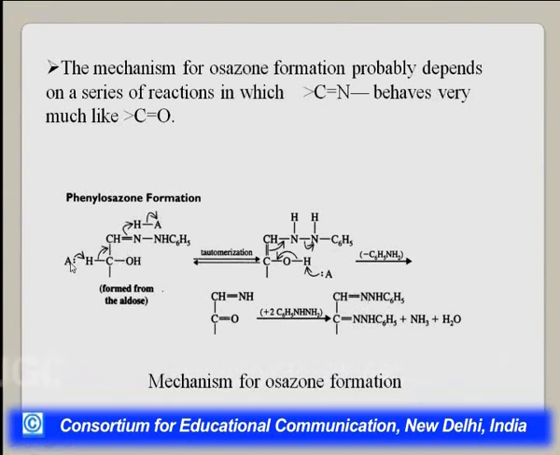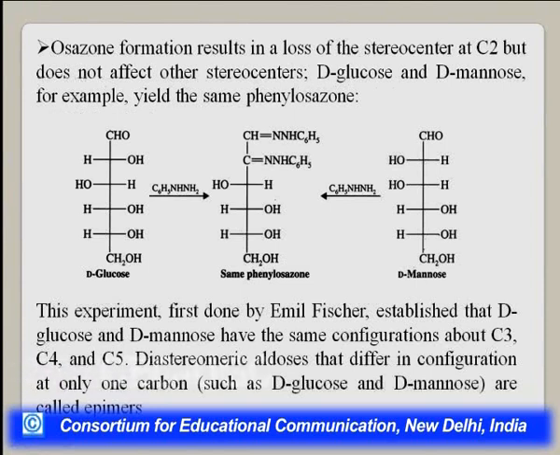When this base abstracts the proton from here, this is also attacked by this proton, followed by tautomerization. Osazone formation results in a loss of the stereocenter at carbon number 2, but does not affect other stereocenters. There are other stereocenters also, you can see over here, carbons 3, 4, 5 are the stereocenters still left.